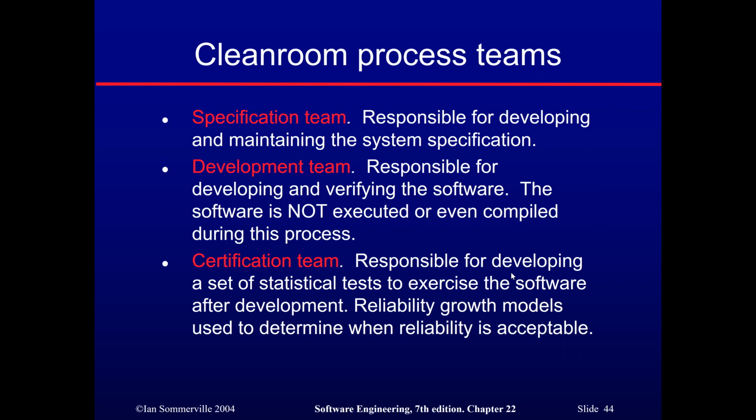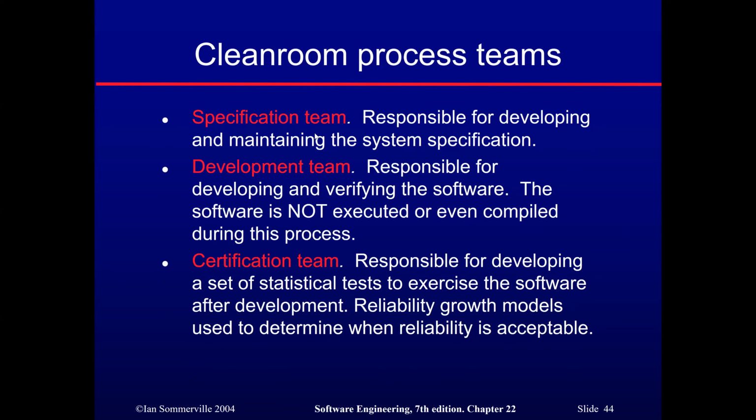It is responsible for developing a set of statistical tests to exercise the software after development, and reliability growth models are used to determine when reliability is acceptable. This is also the responsibility of the certification team.